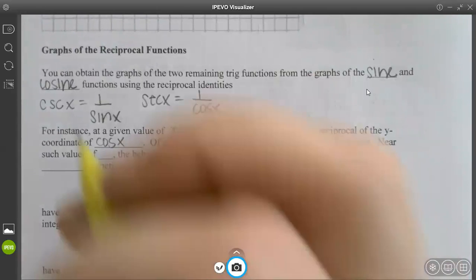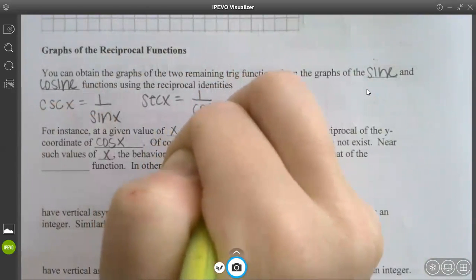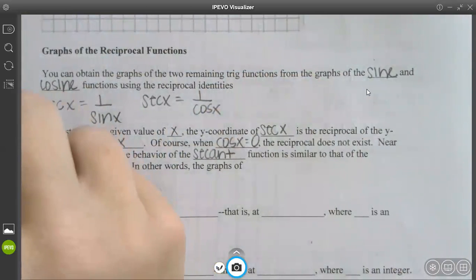Near such values of x, the behavior of the secant is similar to that of the tangent function.